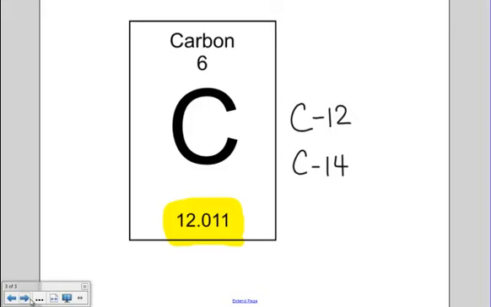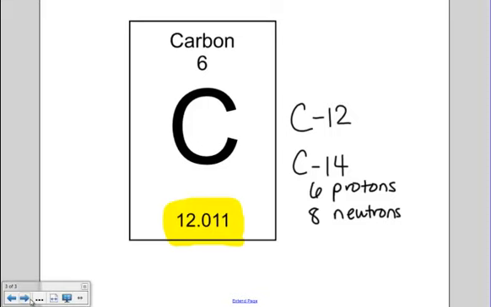But because carbon 14 exists, it has 6 protons and 8 neutrons. Okay, so it's just a little bit different than carbon 12. We have a couple of them, but when we average them all together, we get an atomic mass of just over 12.